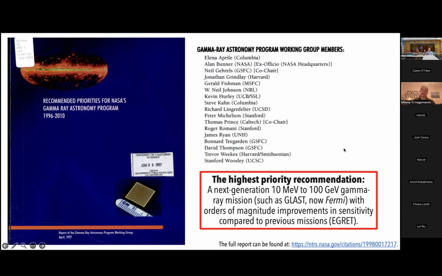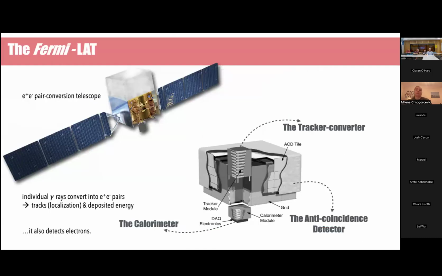I'm bringing this report to you to say that community involvement is important because the recommendation that came from this report was a direct pathway towards building Fermi.